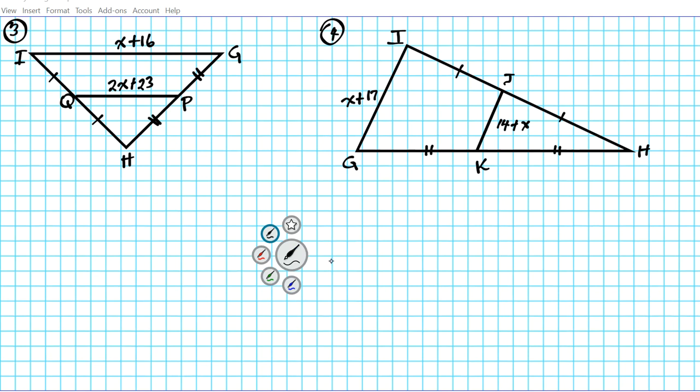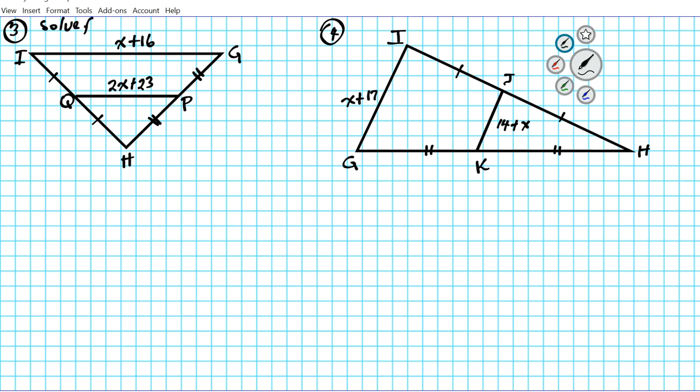Alright, so we did some straightforward problems. We're going to up the level of complexity slightly. Let's take a look at this. For number 3, let's say we're to solve for x. To get us started, we're going to write down the midsegment theorem as it applies to this particular scenario.